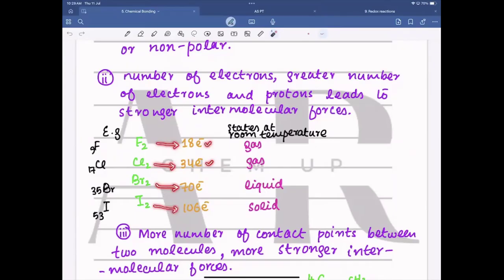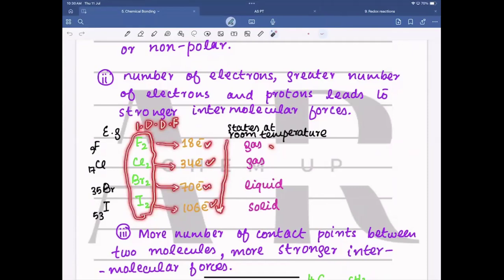Now, all of them are non-polar. They don't have a net dipole. So it means all of them have induced dipole forces of attraction, right? But due to the different numbers of electrons, when we move down from fluorine to chlorine, chlorine to bromine, and bromine to iodine, the number of electrons gets greater, so the strength of the induced dipole forces increases.